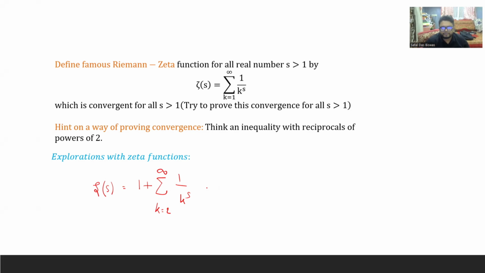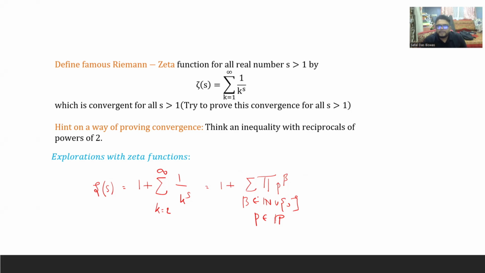So this is just 1 plus the summation, taking the product over primes p of p to the power beta, where beta ranges over the non-negative integers. This is the set over which we run this summation and product.